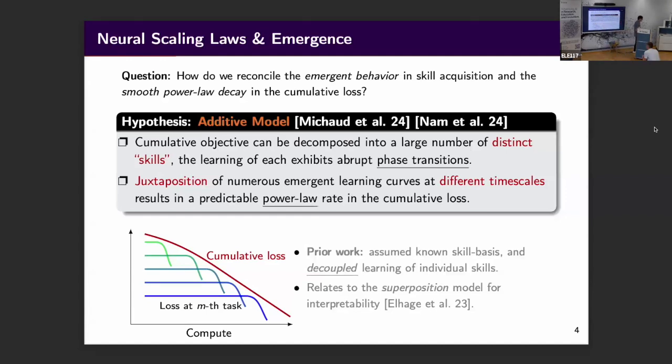There have been prior works that try to derive the power law rates under this assumption, where the loss can be decomposed into a bunch of completely independent and decoupled scales, so they don't interact.